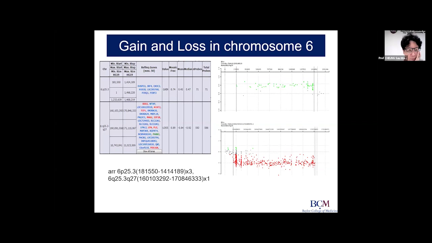First one is 6p25, almost close to the 6p term, and the lower one is 6q25.3 to q27, and then there's how you write your report with this nomenclature.